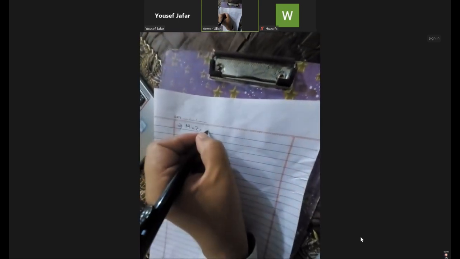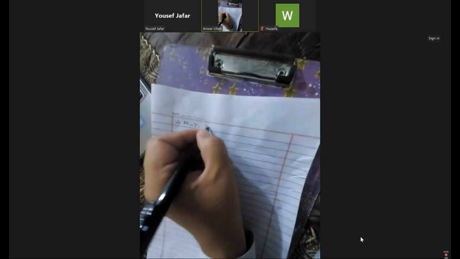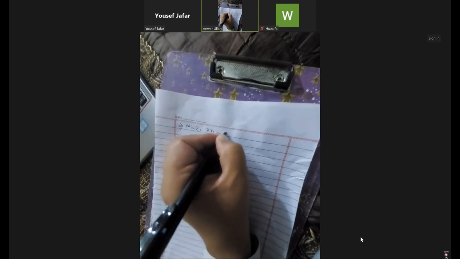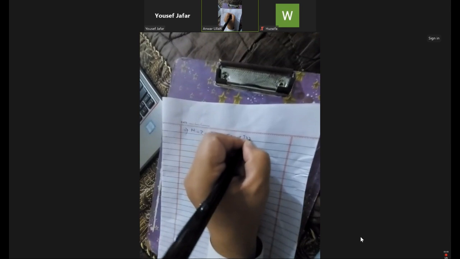For example, we have a minimization function: minimize z equals 2x1 minus 5x2 plus 3x3, subject to x1 plus 2x2 greater than or equal to 5, and x1 plus x3 less than or equal to 7, and x1 plus x2 less than or equal to 8.